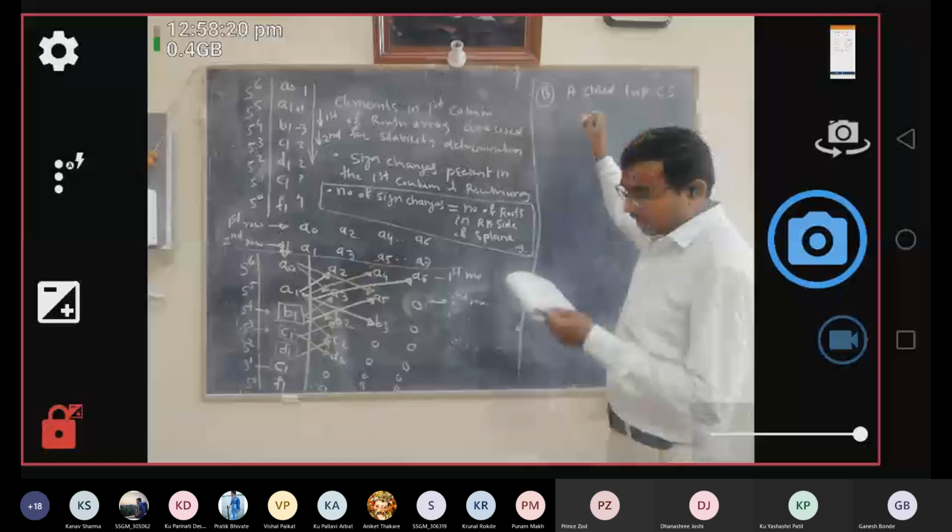If you have a problem finding them, just give them names: B1, B2, B3, C1, C2, C3 like this. So find the value of B1. How will B1 be obtained? You can show it in terms of arrows. While finding B1, your 4.5 is the base element. So 4.5 into 3.5 minus 1 into 1.5, divided by 4.5.